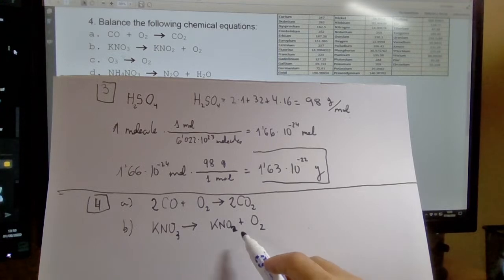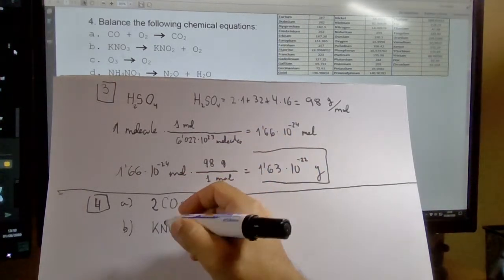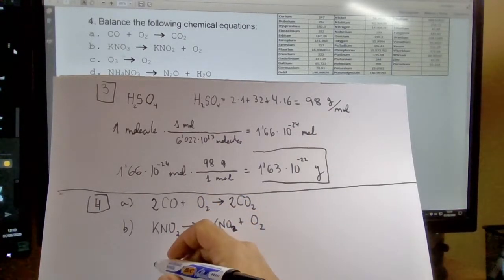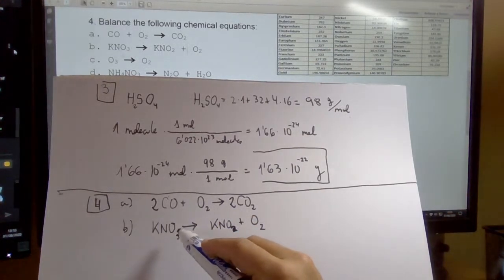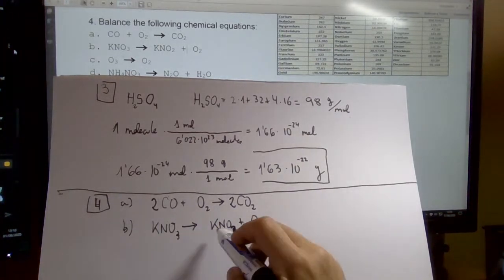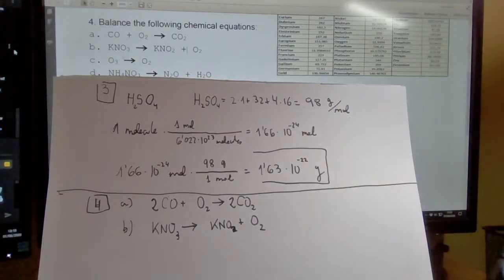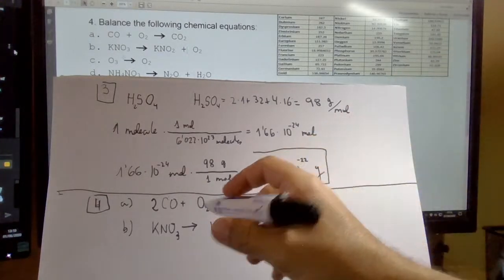Okay, so here we have 4. What can we do? You got it very well, Maria. This one, come on, what do we do? Let's try. 3 oxygen, 4 oxygen here. So what can we do? Very easy too.